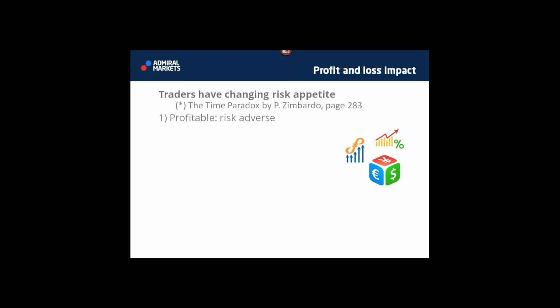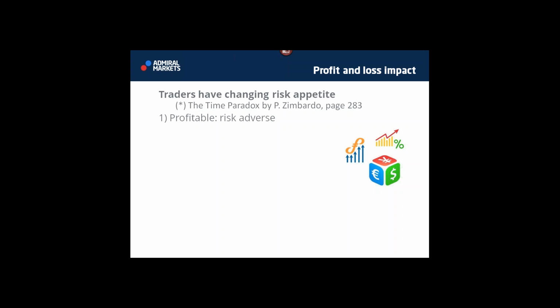Now, just a bit about why I think scaling out is good, from a psychological point of view. If you're interested in this, I would recommend reading The Time Paradox. It's a book from, I think it was Philip Zimbardo. On page 283, he talks about how our risk appetite changes depending on whether we're in profit or in loss.